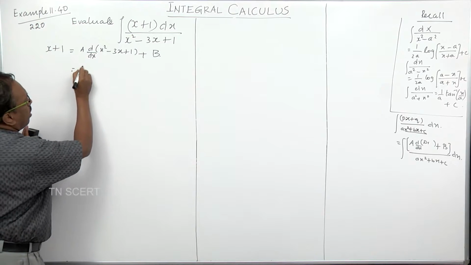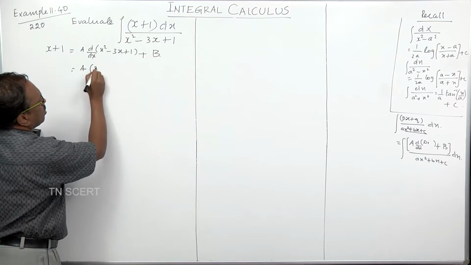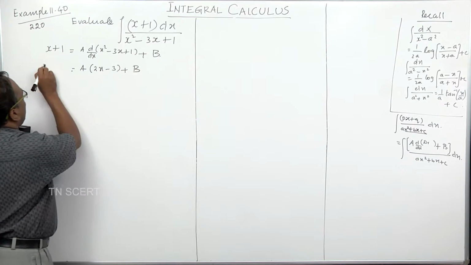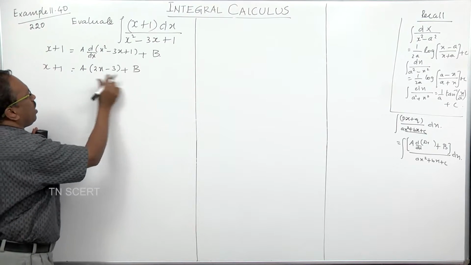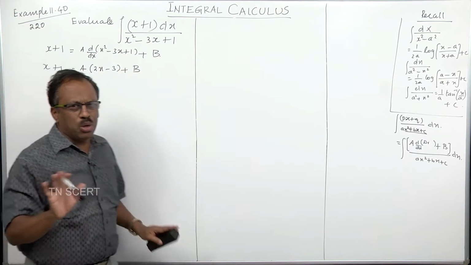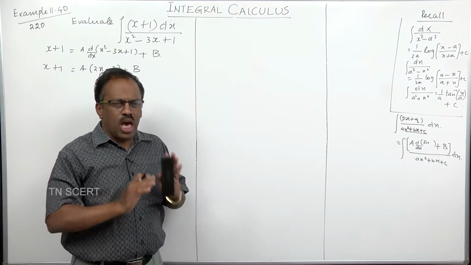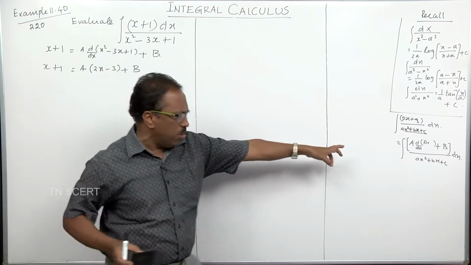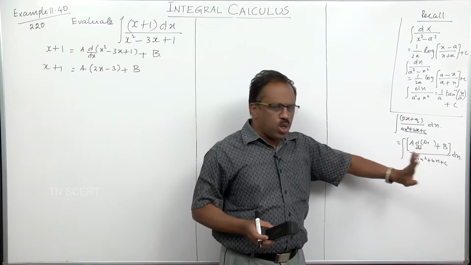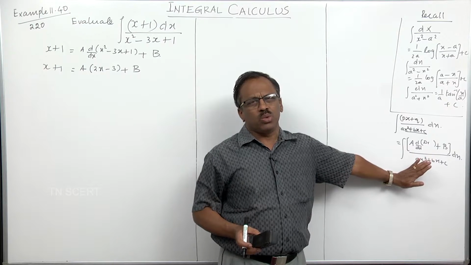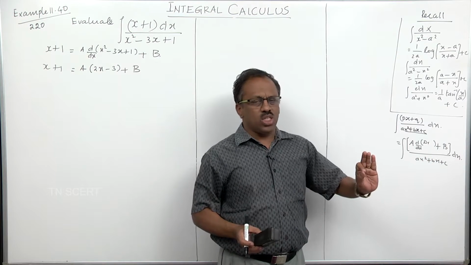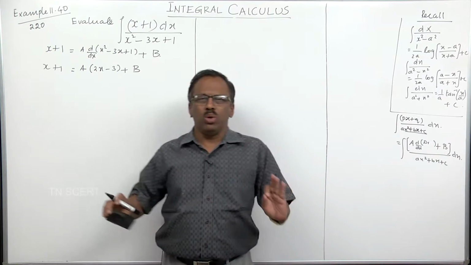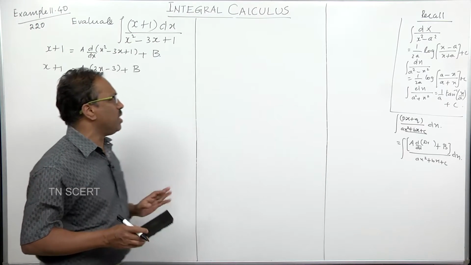Now, A times the differentiation of the denominator is 2x − 3, plus B, equals x + 1. I have not written anything for the denominator yet. First let us carry over the problem. This is the method, and we are going to do this process only. The same way we can do it in the exam, so that it is easy.